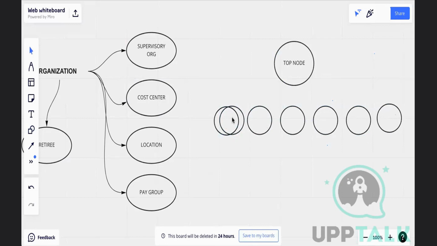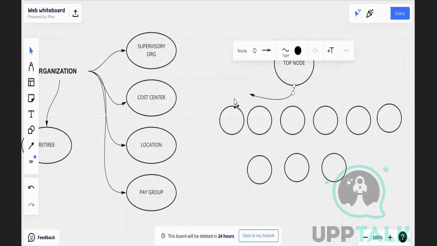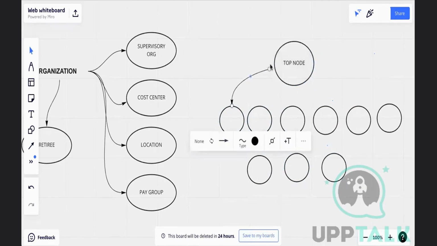So for example, if I talk about this particular example, I don't have a lot of arrows. It will take me a lot of time to connect all the arrows, so I'll just keep it short. So you will have a top node.